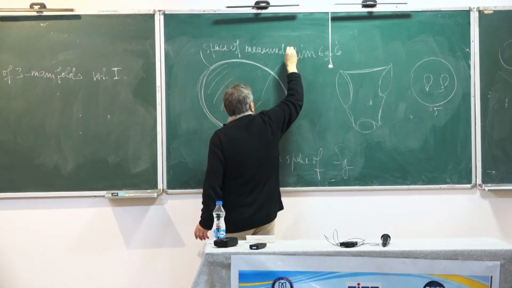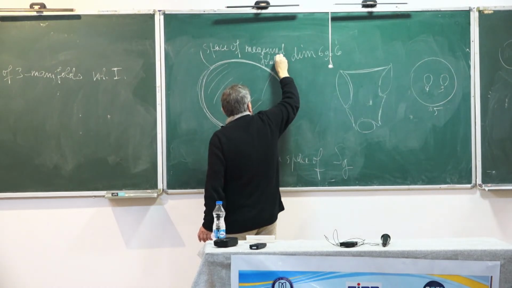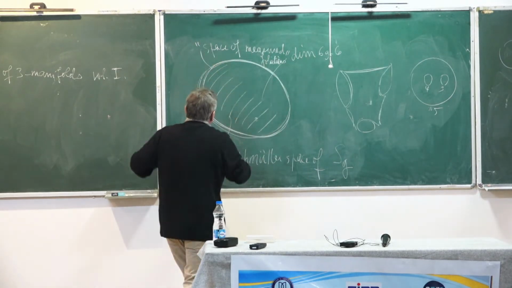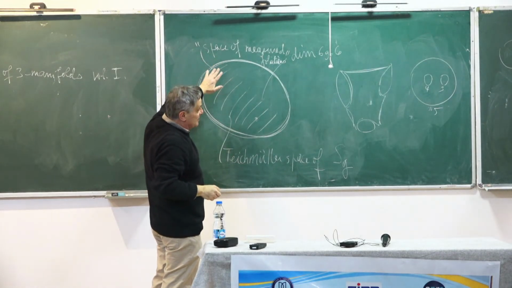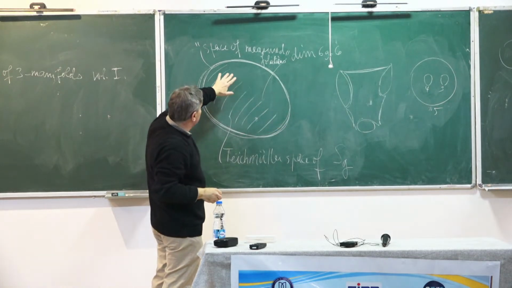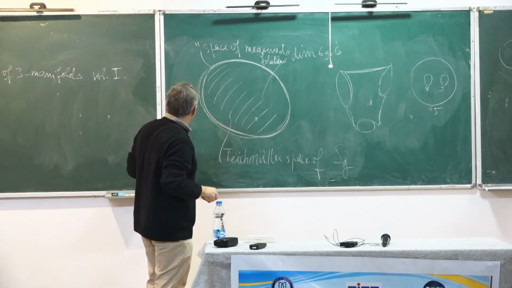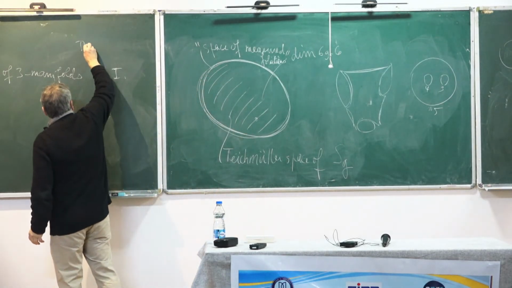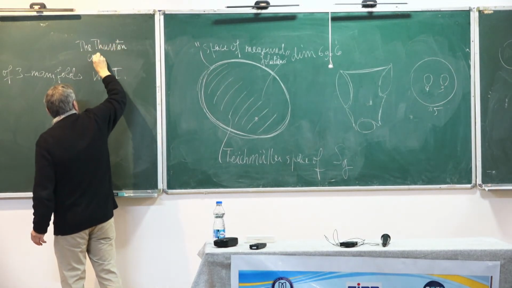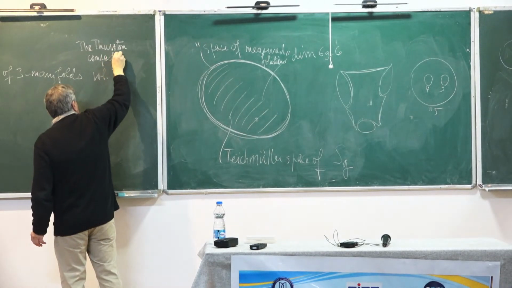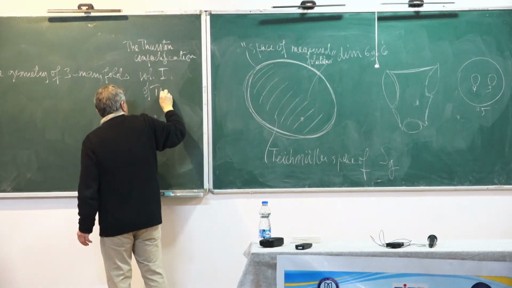The two spaces glue very well together. The thing which is not correct is that here I have to take projective measured foliations, but let's not complicate. It's more or less this thing, measured foliations. And the union of the two is called the Thurston compactification of Teichmüller space.